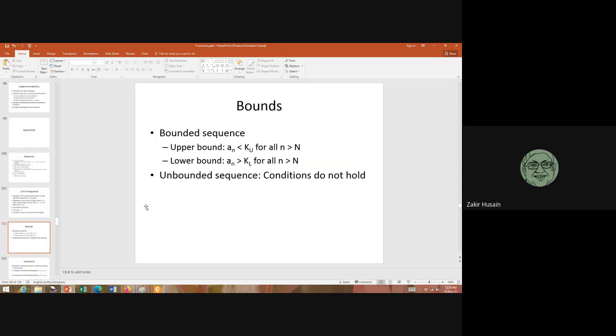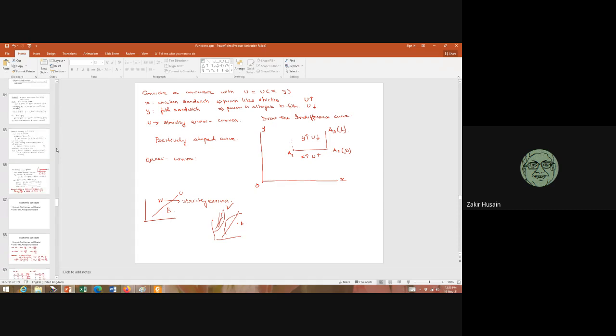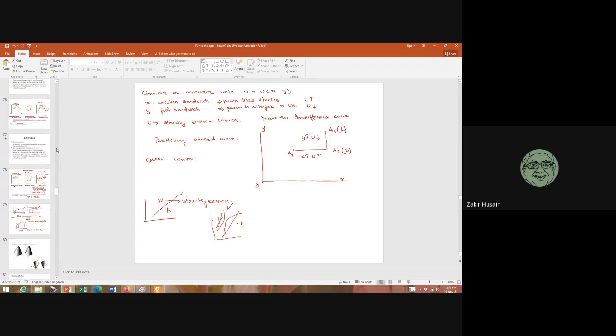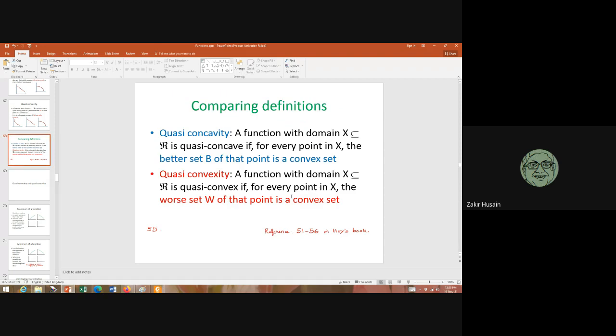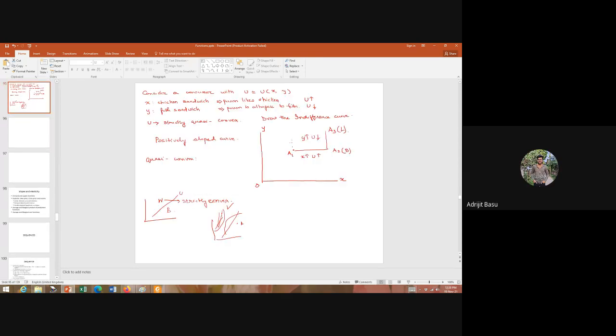Okay, so this is the correct definition. The worse set is a convex set. Okay, sir. Thank you, sir. Actually, I was a bit confused regarding this. No, take it.